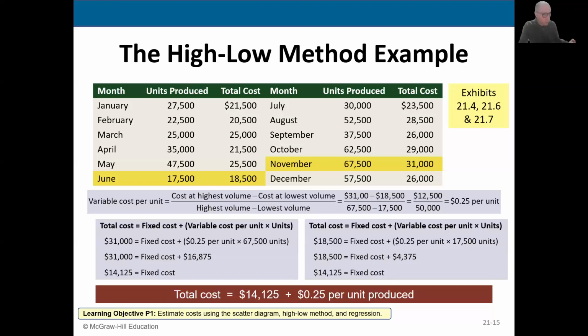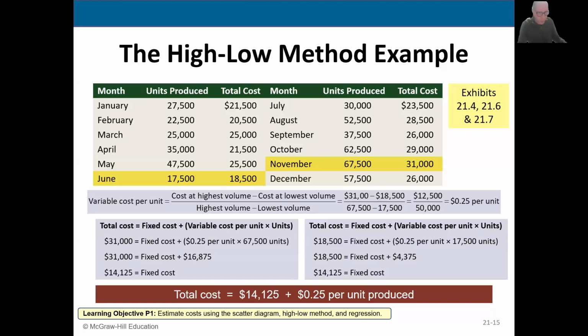Now that we know the variable cost per unit, we can figure out the fixed costs. Now I can hear you saying, well, how are you going to do that, right? So here's how it works. The fixed cost is unknown, so we've got to figure out what that is. We know what the variable cost is.